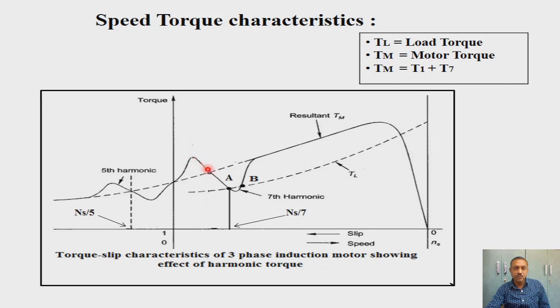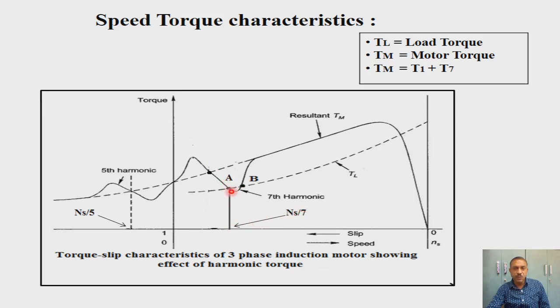Then this torque goes on decreasing and starts increasing in the negative direction, so the resultant motor torque also decreases. When this decreasing resultant motor torque intersects the load torque at the point shown here as A, the motor will continue to run at the speed corresponding to point A, which is near about 1/7 of synchronous speed.